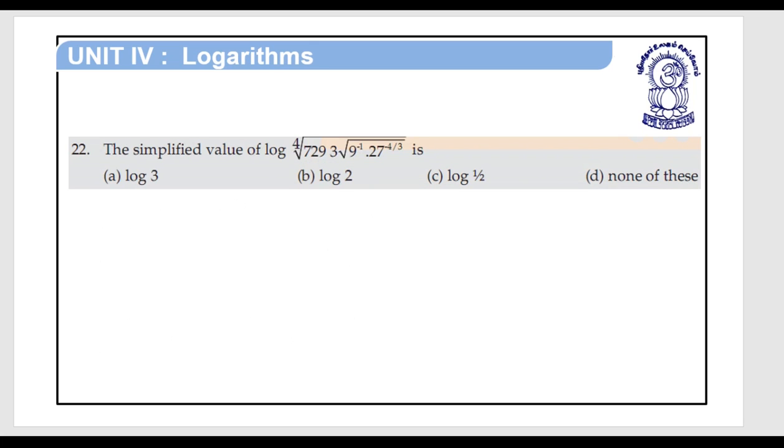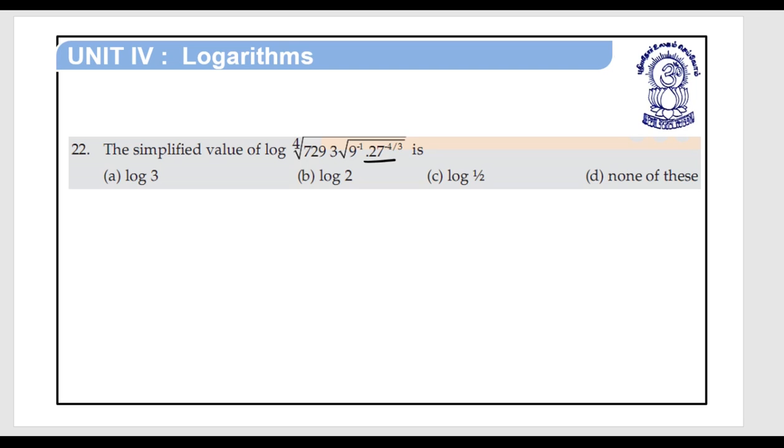Next, the simplified value of log of the fourth root of 729 into the cube root of 9 raised to minus 1 into 27 raised to minus 4 by 3.